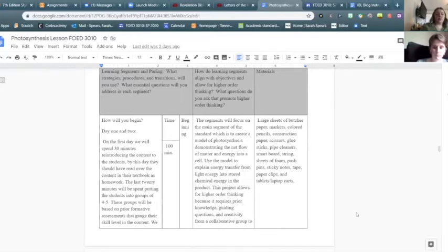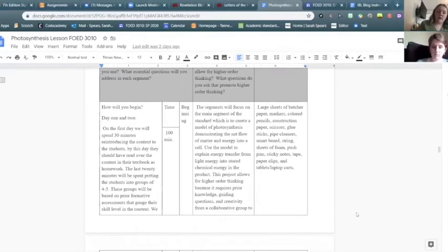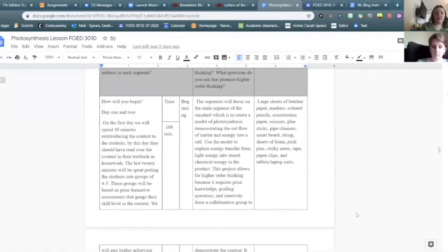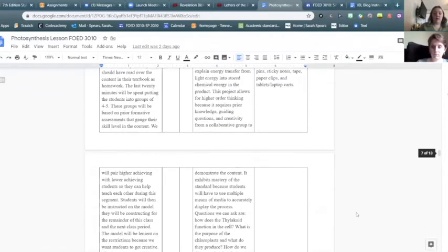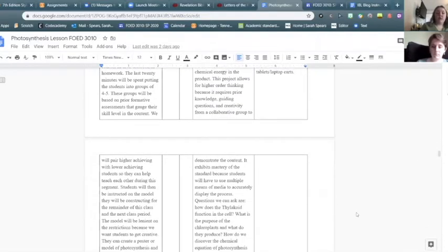So as they're working, that's when we're going to be walking around, asking them those questions and having them demonstrate their knowledge of the content. That's going to be based on their knowledge, so that's going to be in their model. It's also going to be put into their answers as we're asking questions to the whole class.